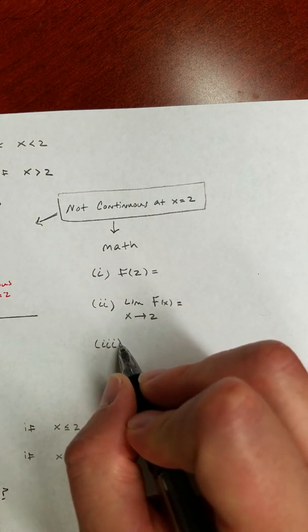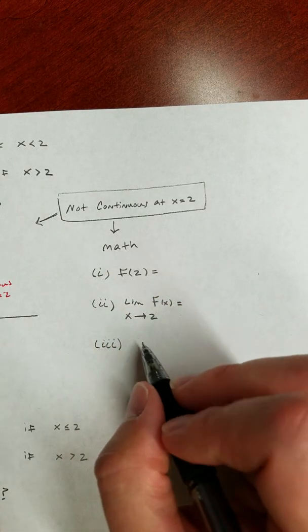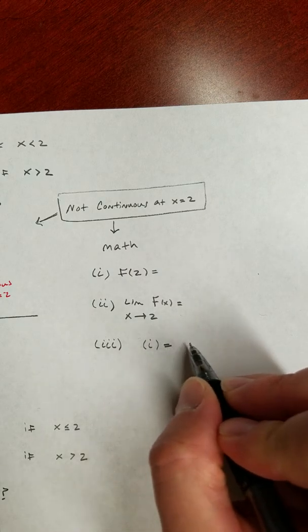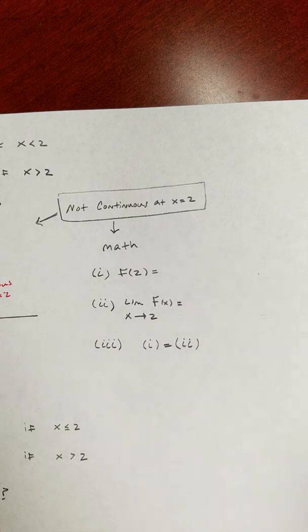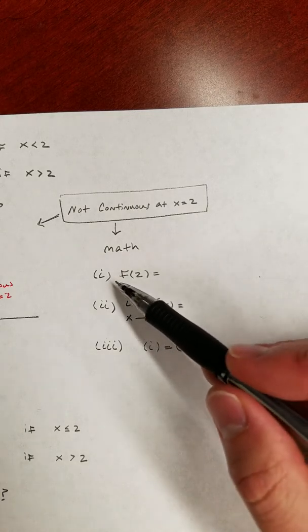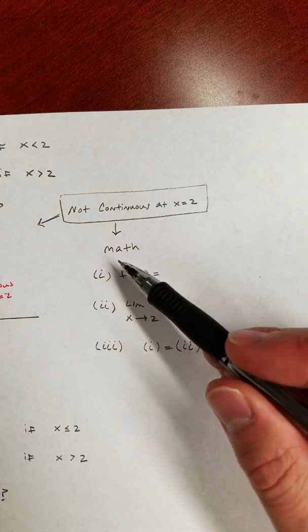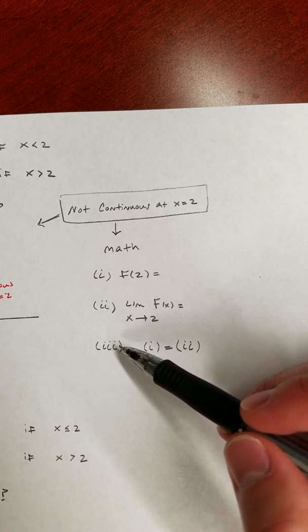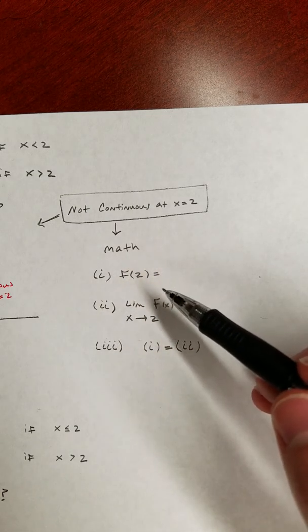And the third thing is the answer I got for part 1 would have to be equal to the answer I got for part 2. If I could answer yes to each of those, the function would be continuous at 2.